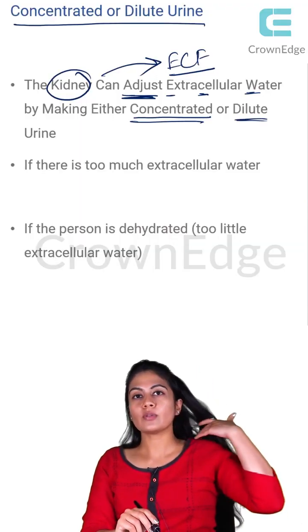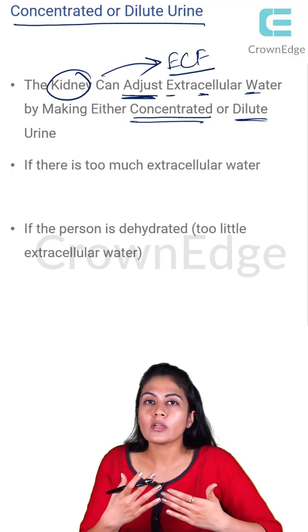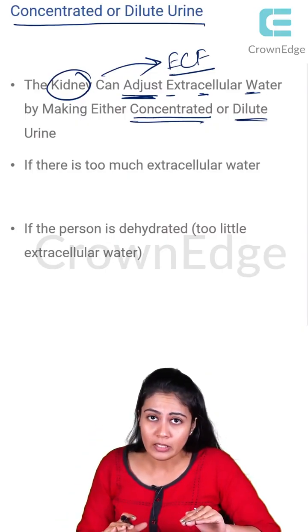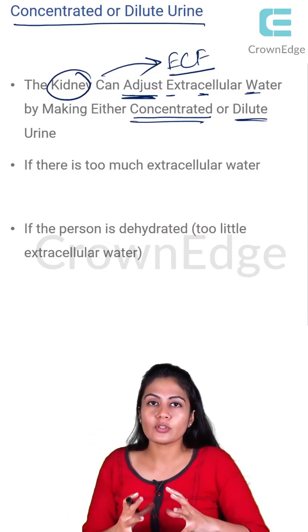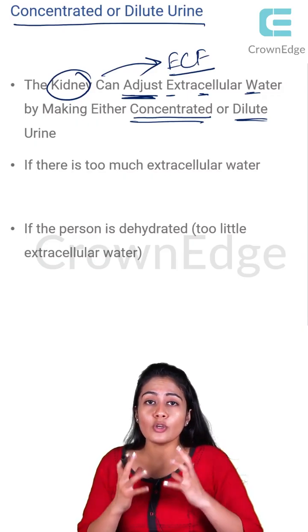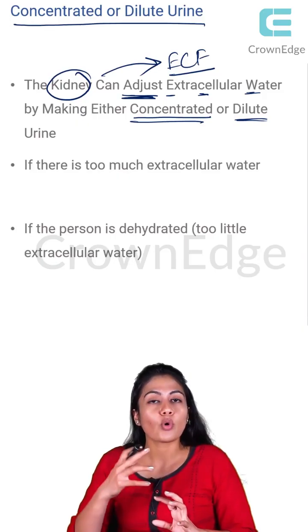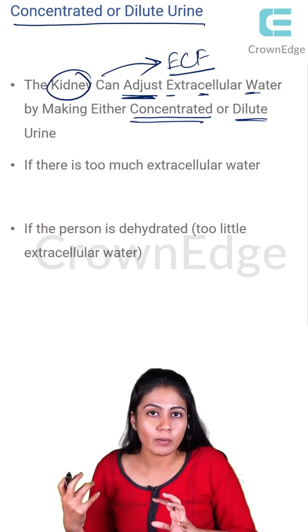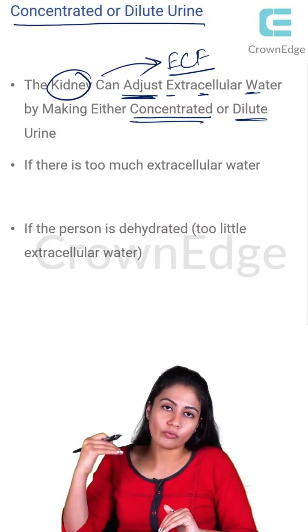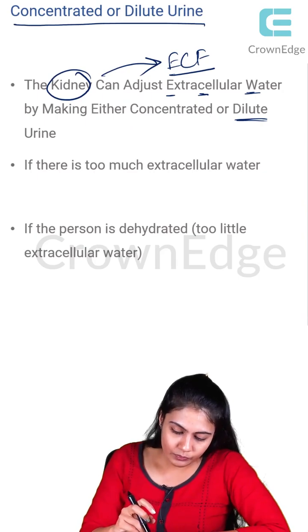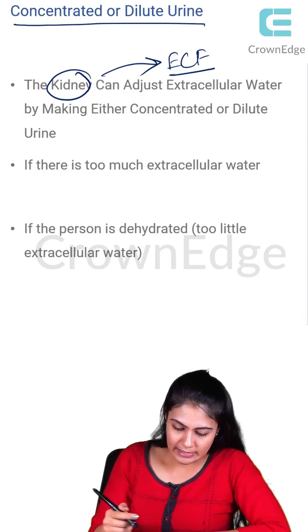If they dilute the urine, it means more and more water is excreted out, so the blood volume will decrease. If the urine is concentrated, it means solutes are much more and water is less. The water has been reabsorbed into the blood, so the blood volume will increase, right? So they are maintaining the volume of the ECF.